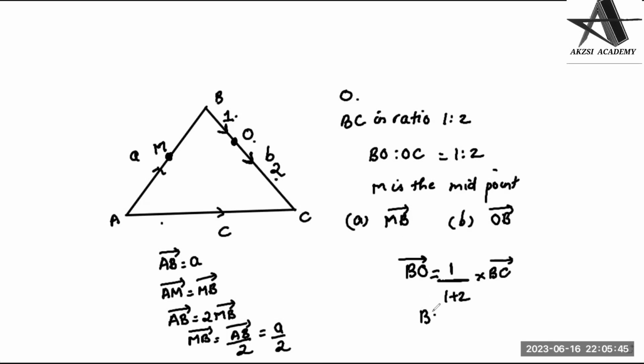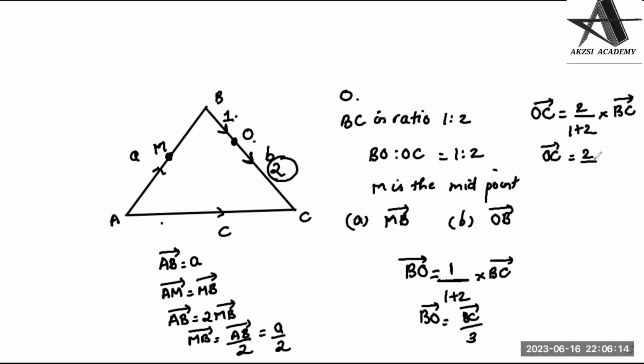So vector B to O is equal to 1/3 of vector B to C. Similarly, vector O to C will be two parts out of 1 plus 2 parts of the larger vector B to C. So I can say vector O to C is 2/3 of vector BC.